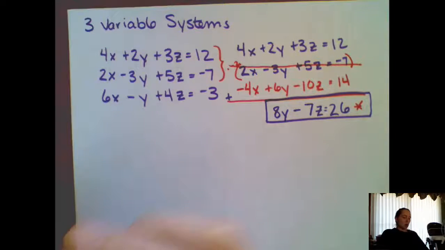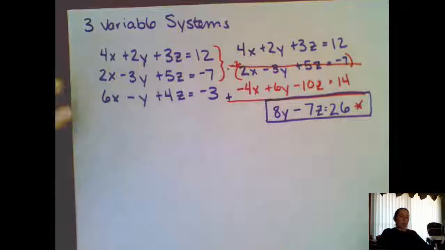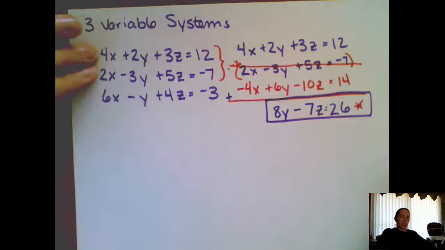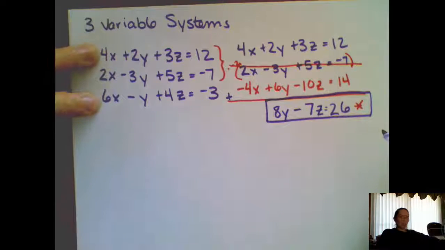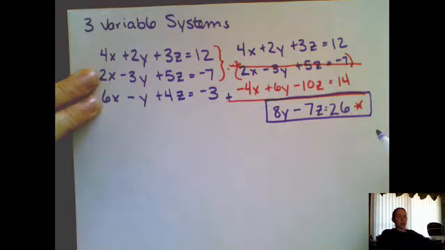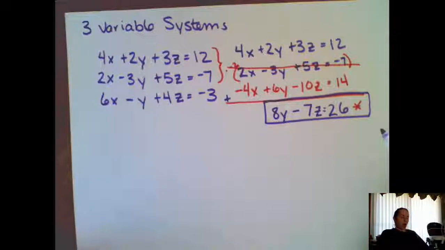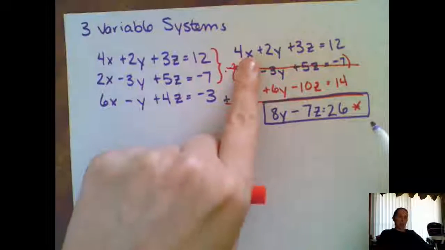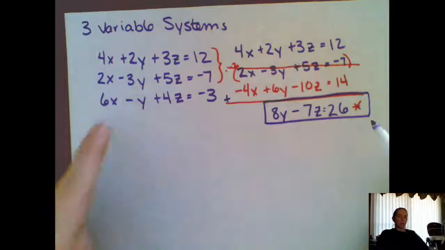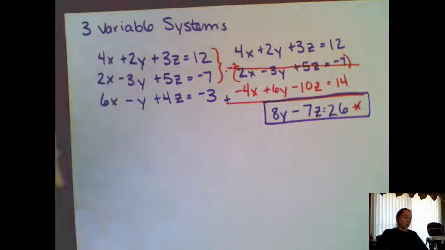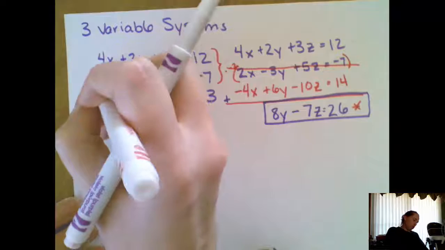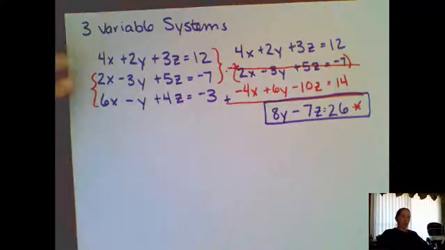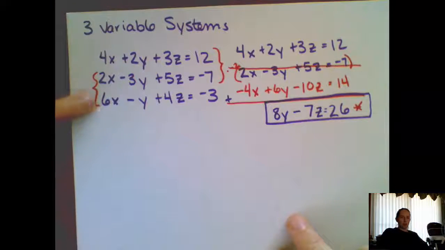Now we need to do this one more time. But we can't use the top two equations. You could use either the first and third equation or the second and third equation. It doesn't matter. All that matters is, since we got the x to go away over here, whatever we do next, the x must go away. Because I've noticed that I can, I'm just going to look at these two equations right here.